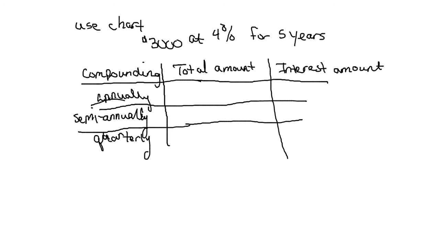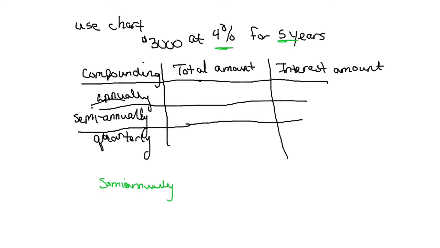So with that being said, a couple things to remember for this type of problem. Because the chart showed that it was annually, in order to find the semi-annually, we'll still look under the 4% column at 5 years. But that number that we see, we are going to take half the rate.